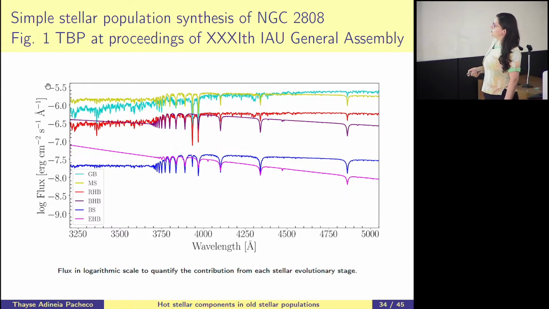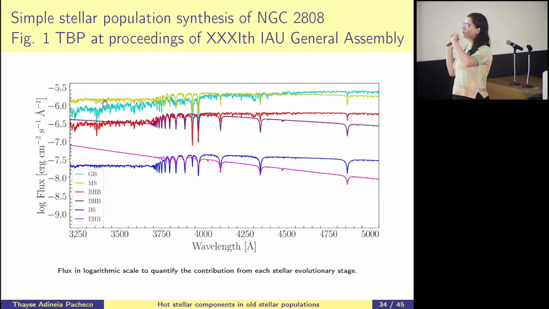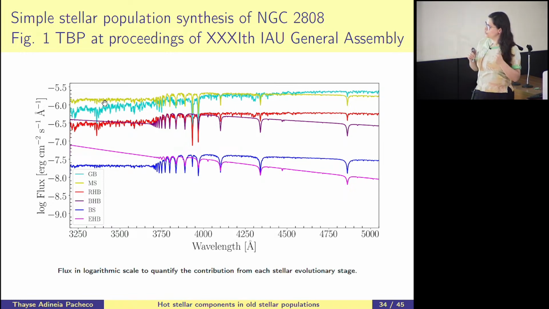This is flux as a function of wavelength, and each spectrum is one of the stellar populations I colored in that color magnitude diagram I showed before.